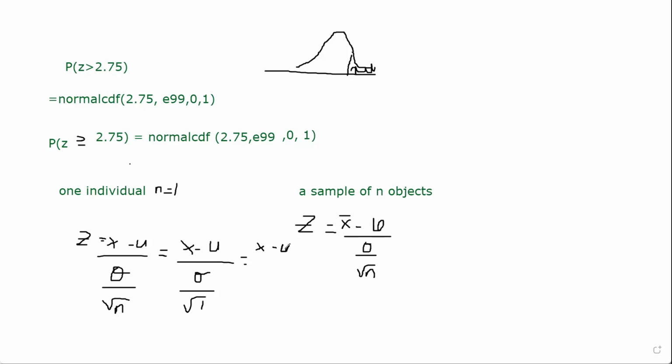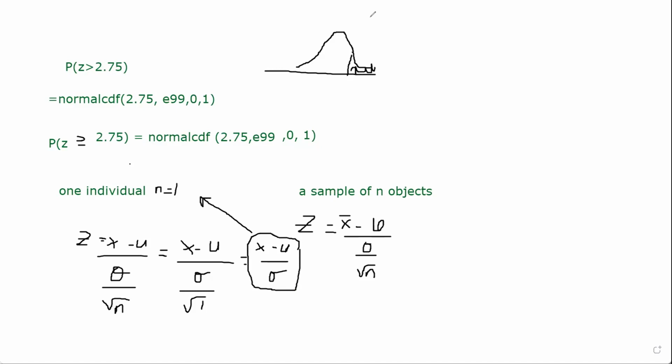That's why this is for one individual. The notation is slightly different, but if you have trouble remembering it, remember this one and just think, well, I'm only using one, so that's one person.